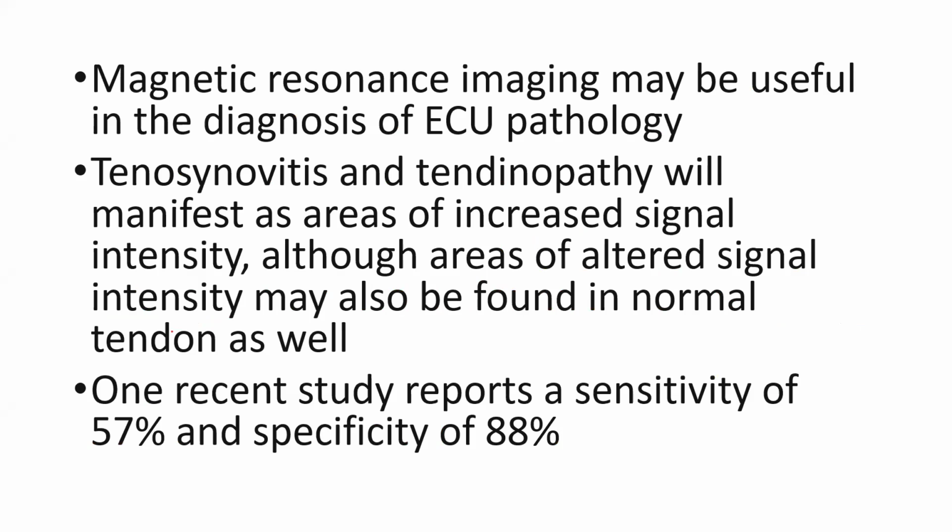Tenosynovitis and tendinopathy will manifest as areas of increased signal intensity on T2, although areas of altered signal intensity may also be found in normal tendons as well. One recent study reports a sensitivity of 57% and specificity of 88%.